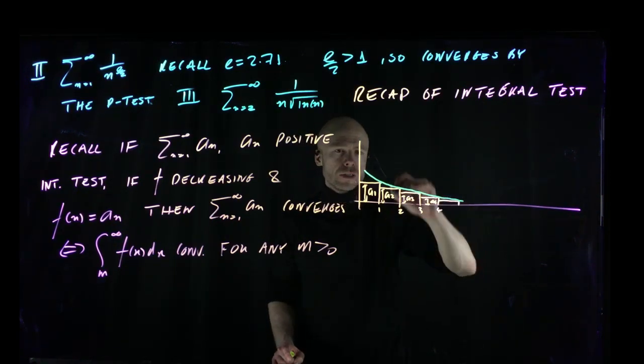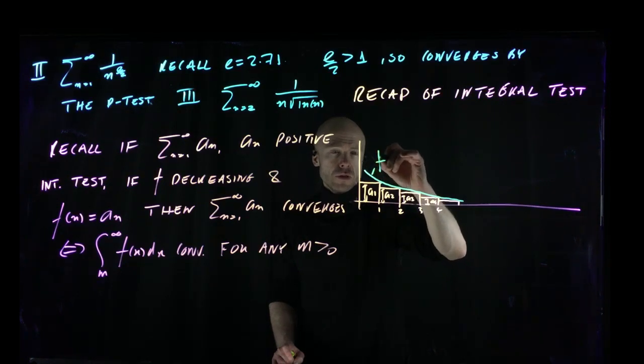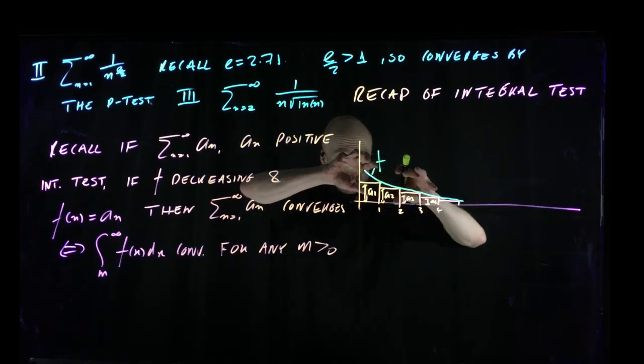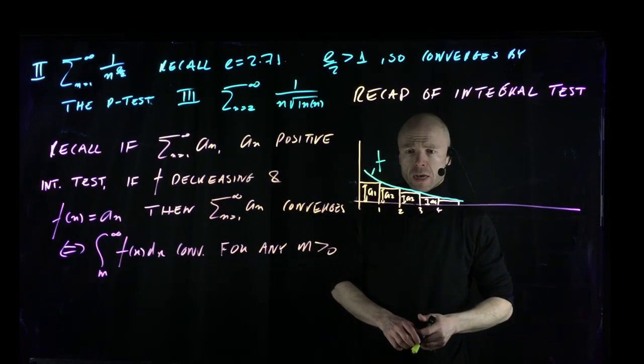A decreasing function like this. So this is our function f. And all these blocks lie underneath the graph of this guy, right?